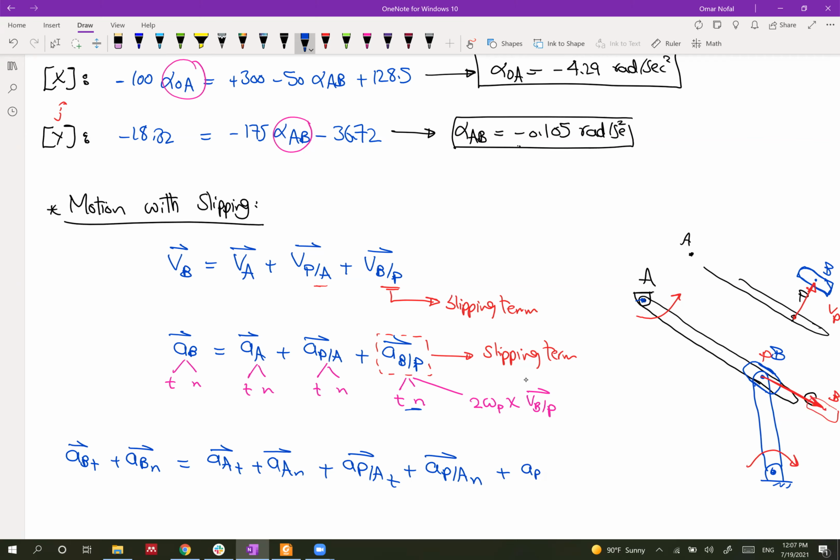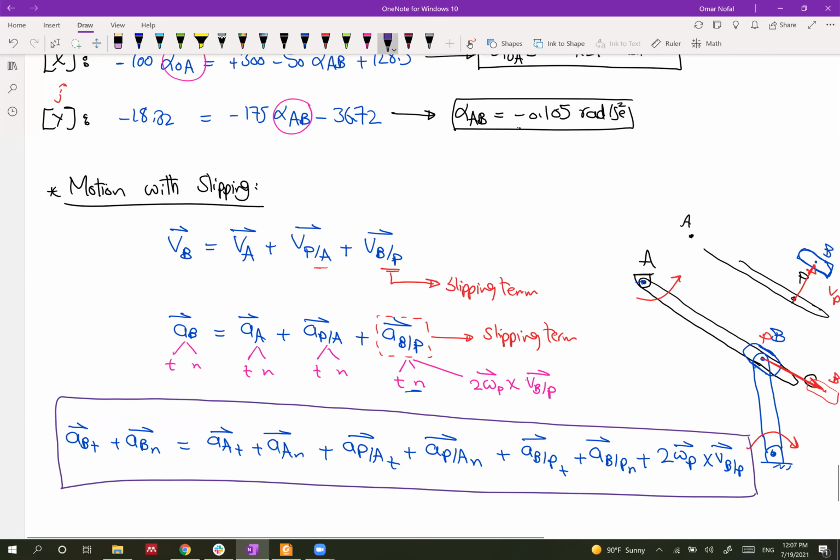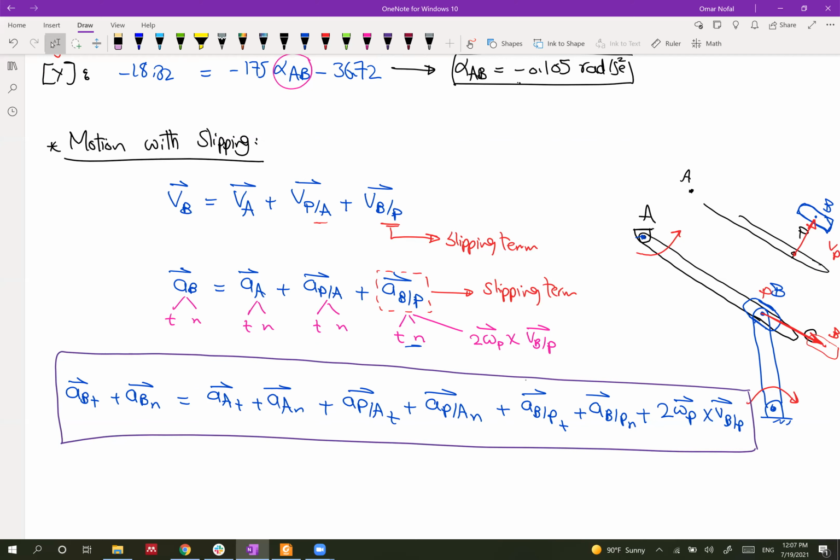So we'll have AB with respect to P tangent and another component normal and another third component, which is 2 omega, and it's a vector, crossed by VB with respect to P. So this is the longest equation that we have in this course. This equation is to solve for the acceleration with slipping.